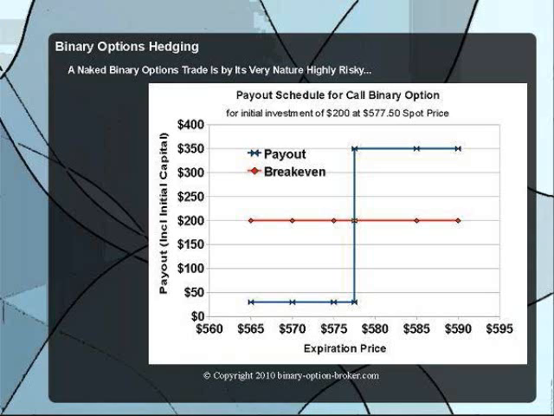A typical 75% yield call binary option priced at $577.50 a share will pay out $350, $150 profit plus $200 initial capital back on an expiration greater than the strike price of $577.50, and will otherwise pay out $30 back on an expiration less than $577.50.